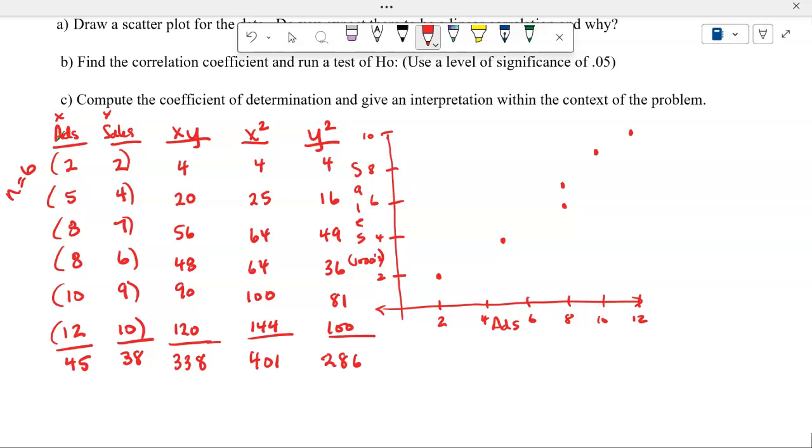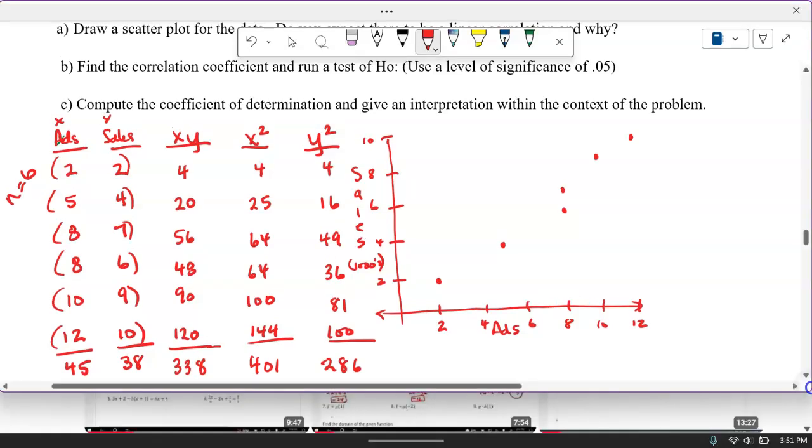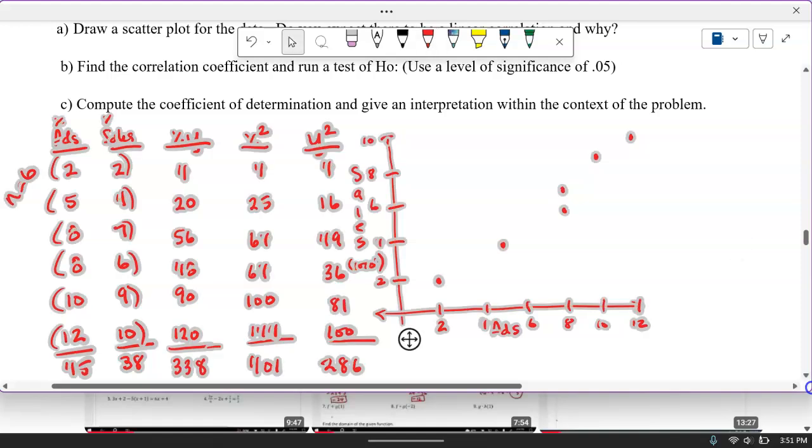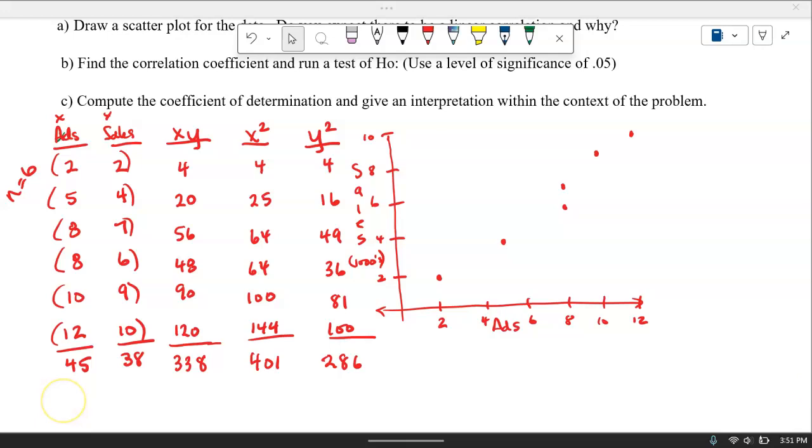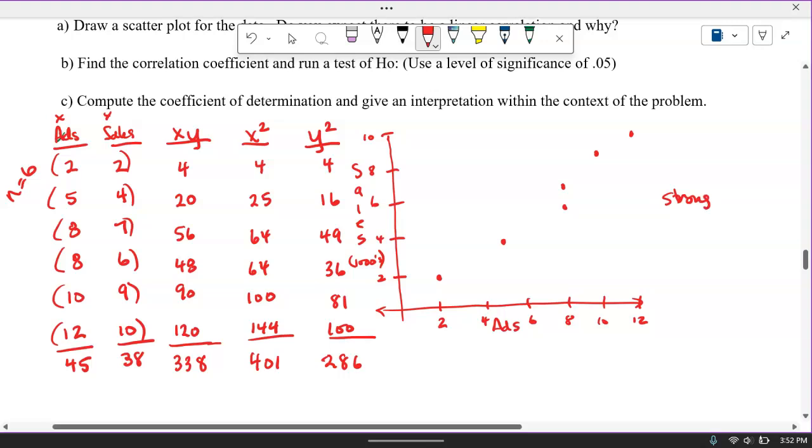Now, definitely based on everything we talked about in class, that is indicating a strong relationship because the points are pretty well lined up.